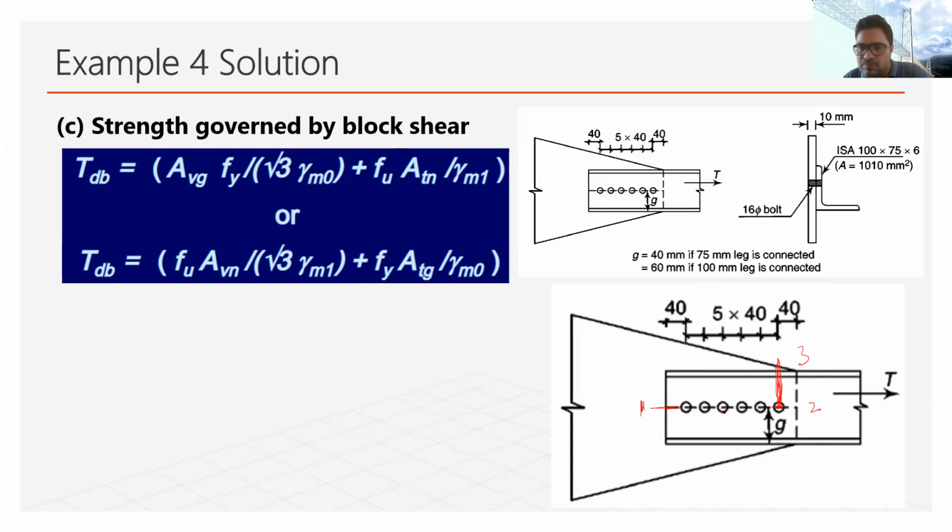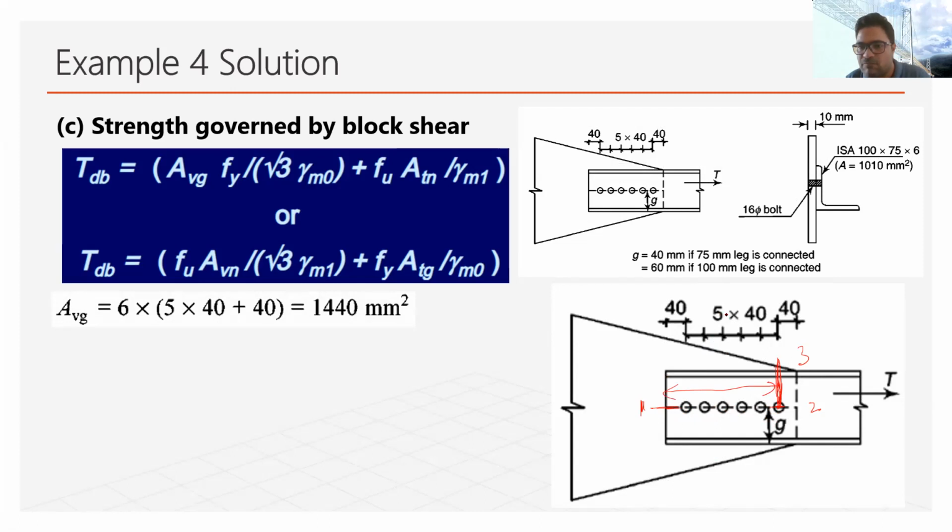We are required to find out the value of AVG. AVG will be the gross cross-sectional area along line 1, 2. Now along line 1, 2, we are assuming that there is no hole. So what will be this length?